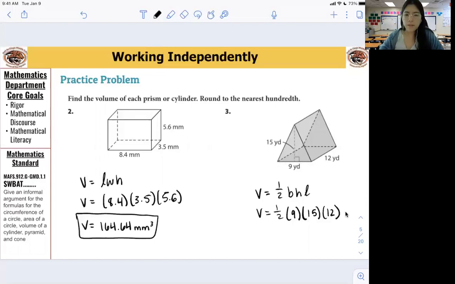Okay, so did anyone get our answer while we waited? 810. What are my units? Yards. Just yards?